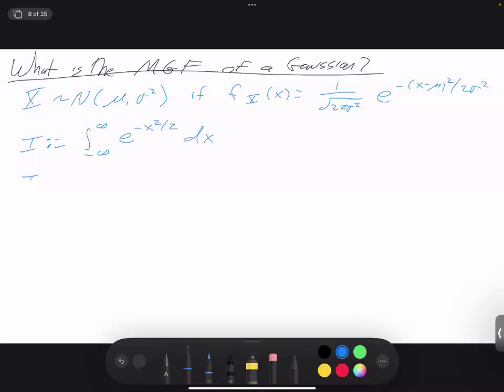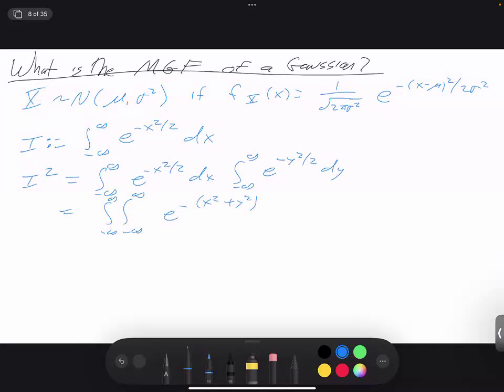Well, if I look at I squared, I'll use a different variable for each one: the integral of e to the minus x squared over 2 dx times the integral of e to the minus y squared over 2 dy. This is the same as the double integral from minus infinity to infinity of e to the negative (x squared plus y squared) over 2 dx dy.